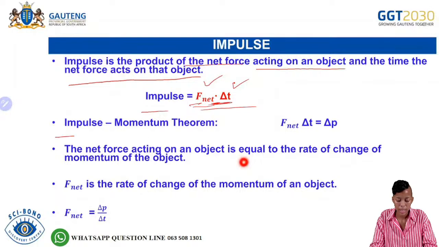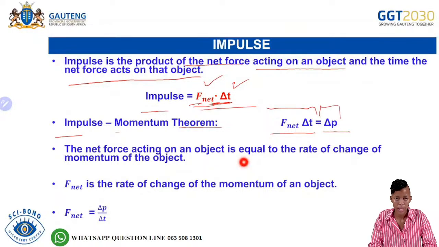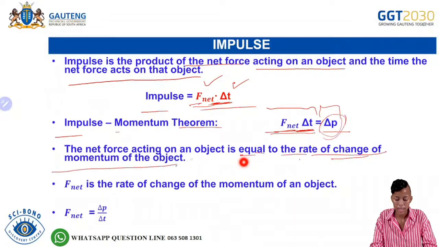Okay, so again the impulse momentum theorem. So impulse on the left hand side, momentum on the right hand side. It says here the net force acting on an object is equal to the rate, that is when we talk about time, of change in the momentum of the object. So F net is the rate of change of the momentum of an object.